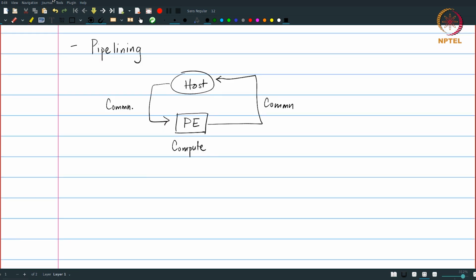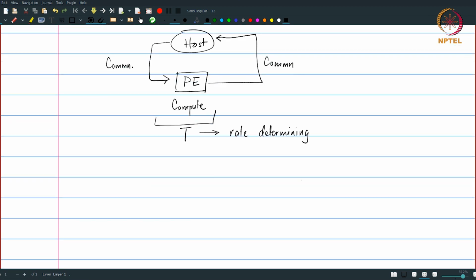Now, just as in the basic idea of pipelining, the time taken for the processing element is going to be the rate determining factor that determines the clock speed at which your system can operate, which means that we spend a certain amount of time communicating information to the processing element, some time computing, and then communicating the information back.